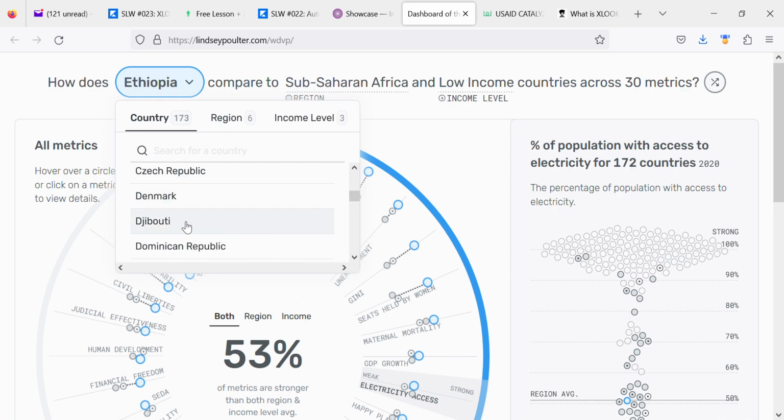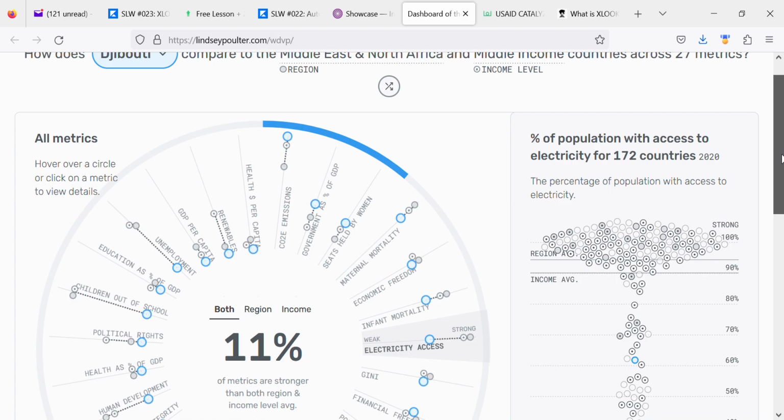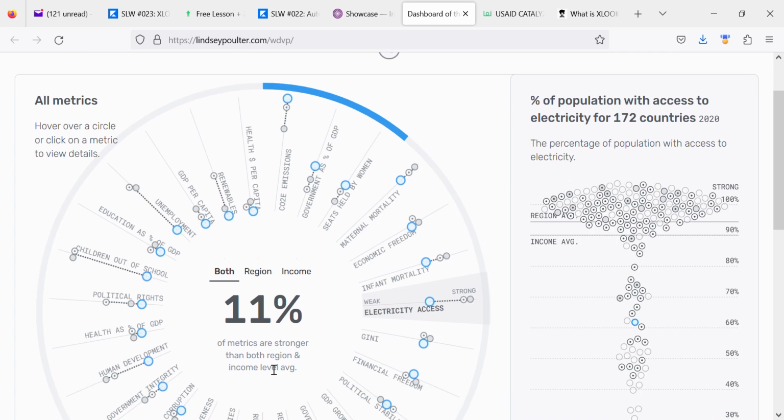Let's look for Djibouti. Djibouti is compared to the Middle East and North Africa and to middle income countries across 27 metrics. So Djibouti is 11%, or metrics are stronger than both region and income levels for 11% of the metrics.